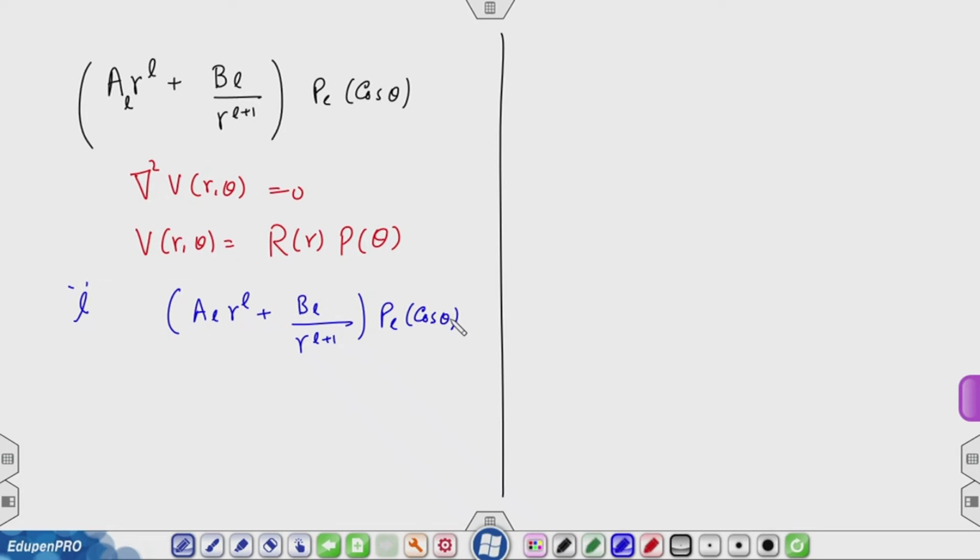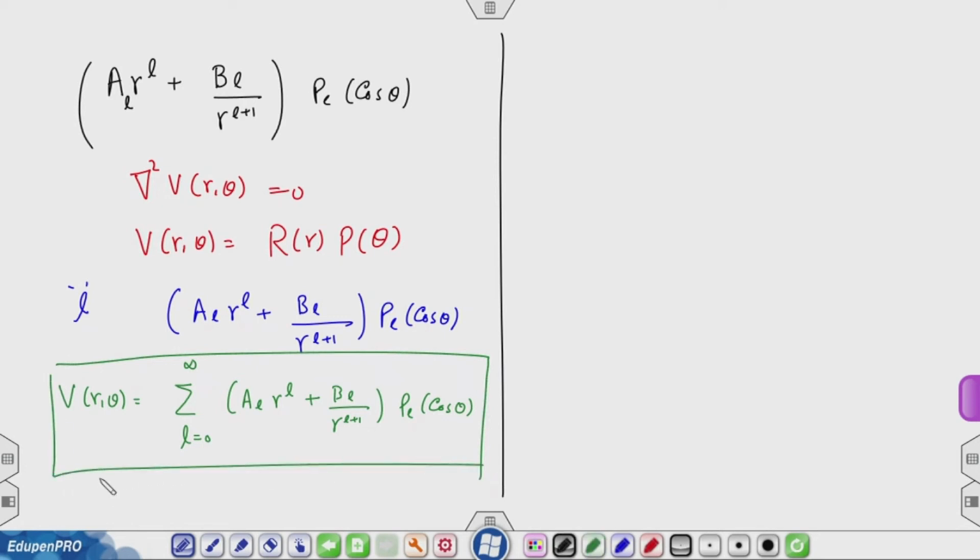In general, a solution is going to be a linear combination of this, and therefore, I can write in general V of r, theta is going to be summation of L equals 0 to infinity (A_L r raised to L plus B_L over r raised to L plus 1) P_L cosine theta.